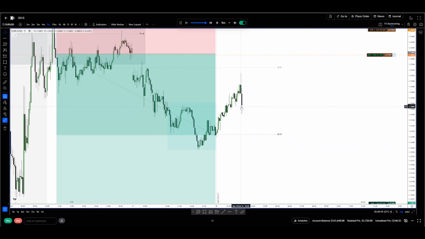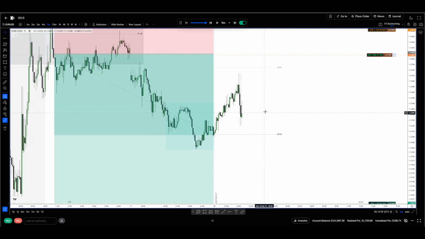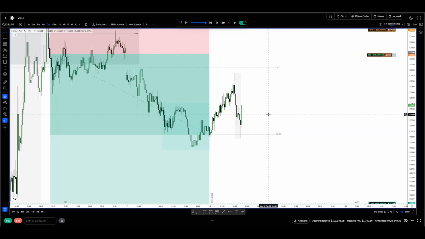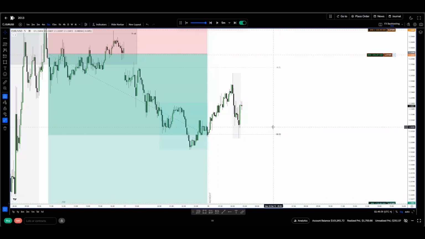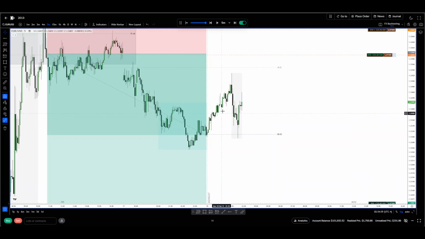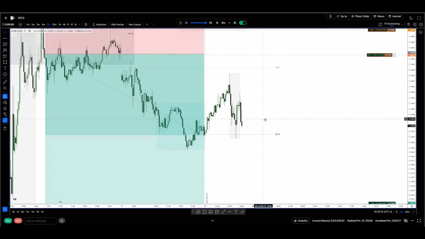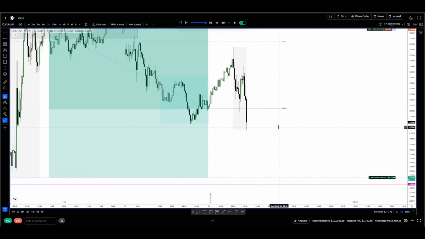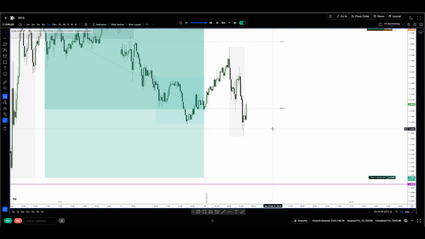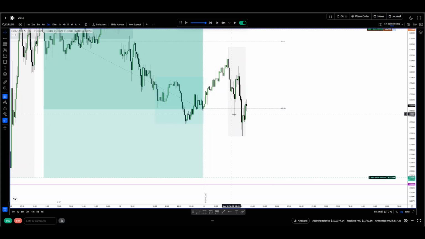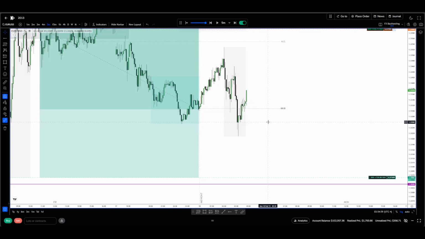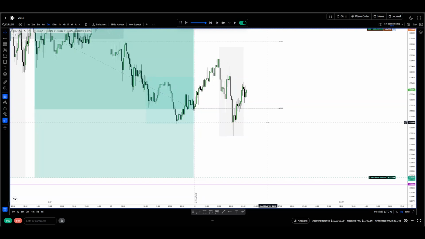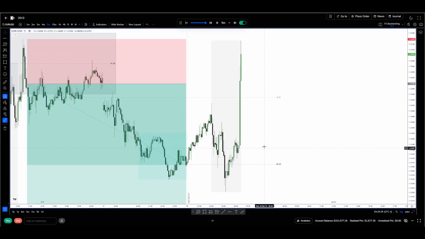And now London begins. They're still above opening price. We cleared out all this trend line liquidity. And now we are getting speed. So wild moves.